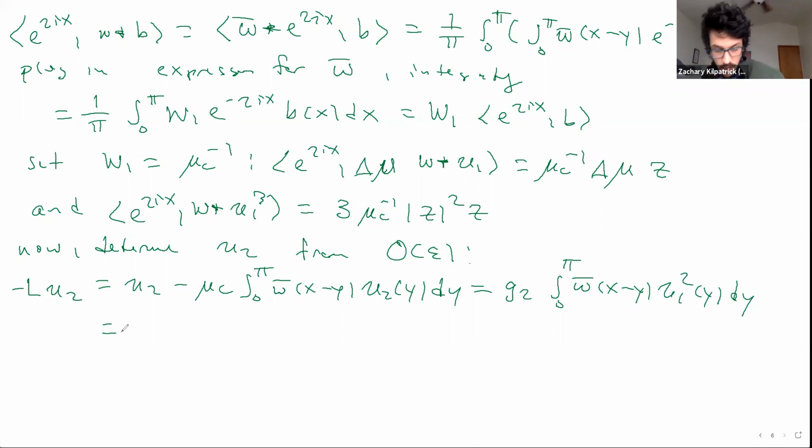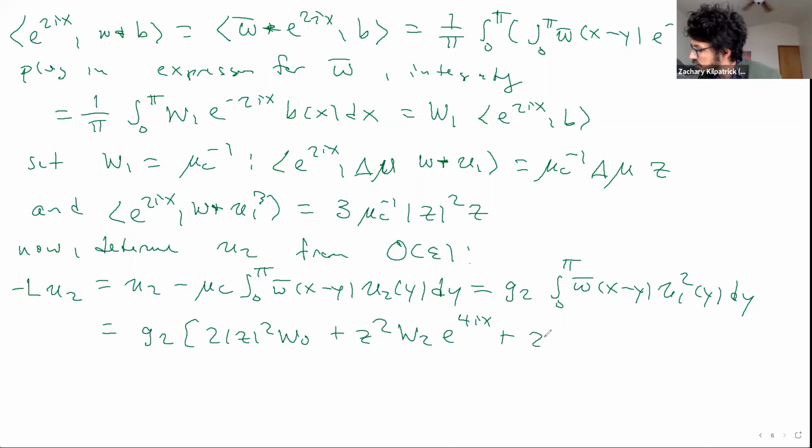And if we compute what this part is, we get just G2 times z squared w0 plus z squared w2 e to the 4ix plus z bar squared w2 e to the minus 4ix, okay? So just by squaring this part, right, we get these different Fourier modes, okay?